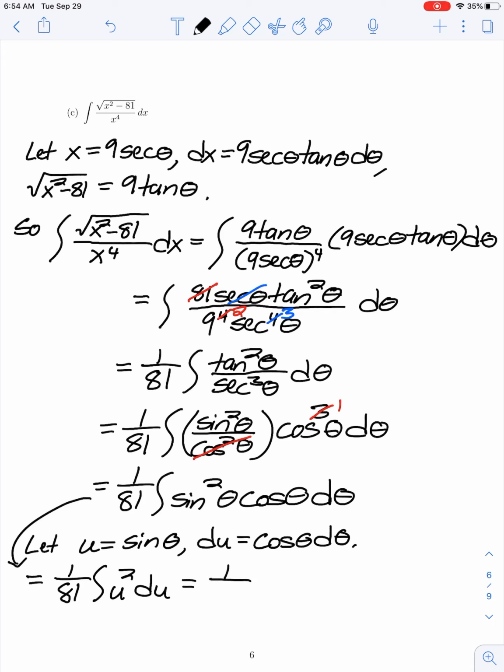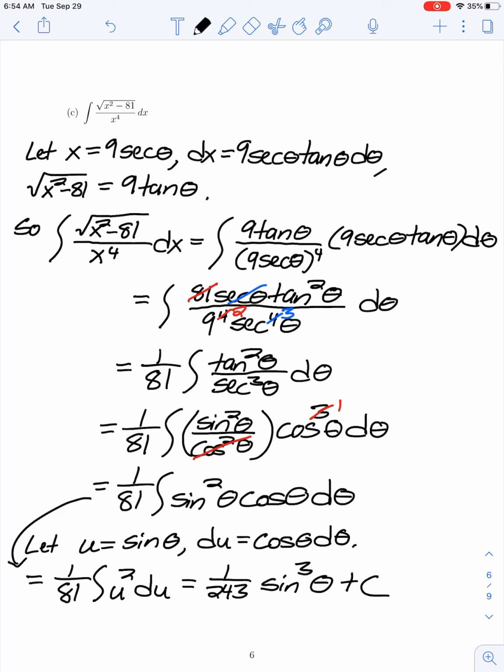So that would give us 1 over 81 times 1/3 u cubed. So that gives us 1 over 243 u cubed, where u was sine of theta. So we've got sine of theta cubed plus c.